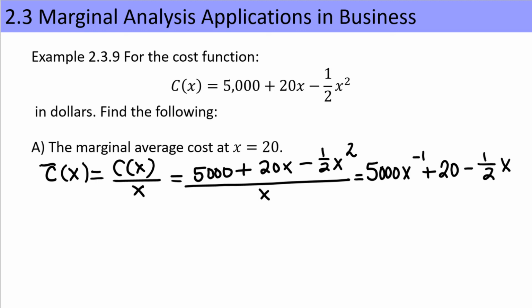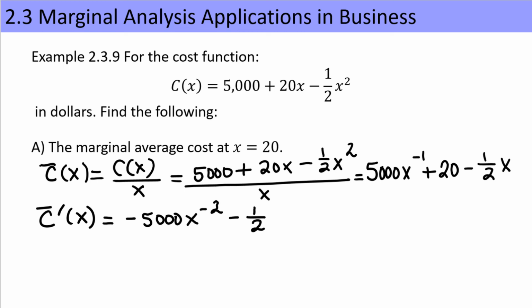Now that we have the average cost function, we can compute its derivative, which is the marginal average cost. So let's find that. The derivative of 5,000 x to the minus 1 is minus 5,000 x to the minus 2. The derivative of 20 is just 0, and the derivative of negative 1/2 x is negative 1/2.